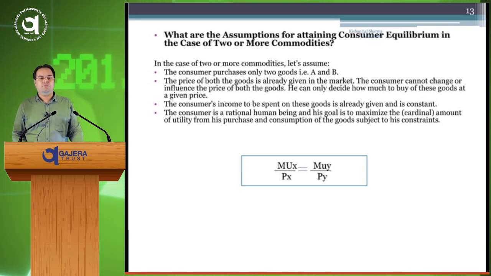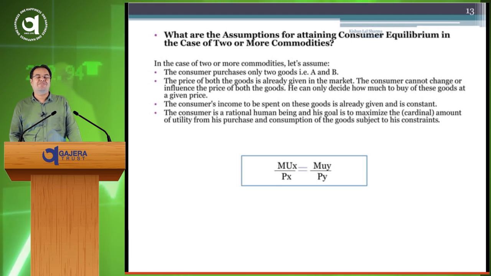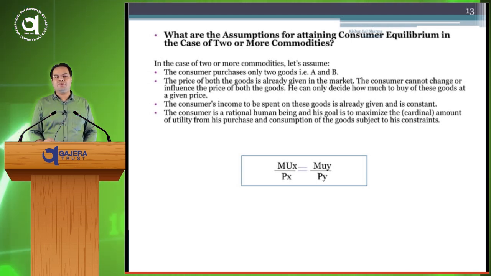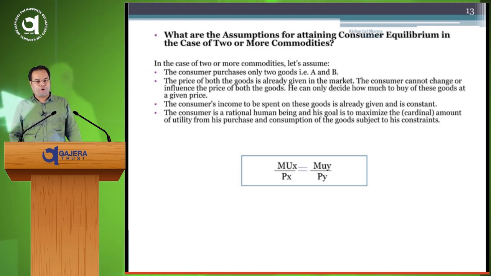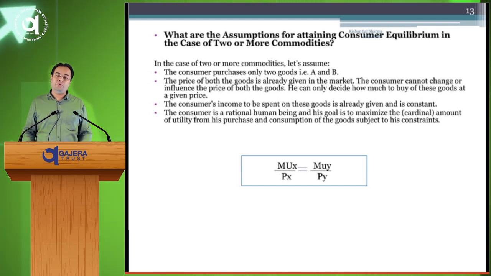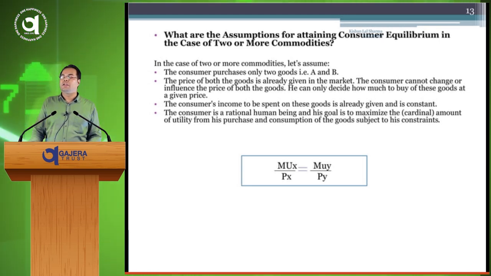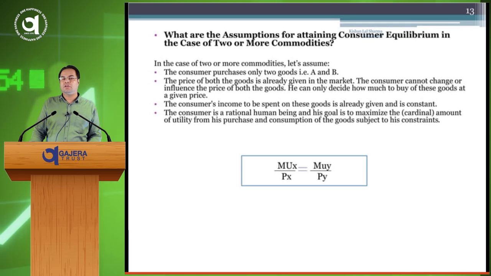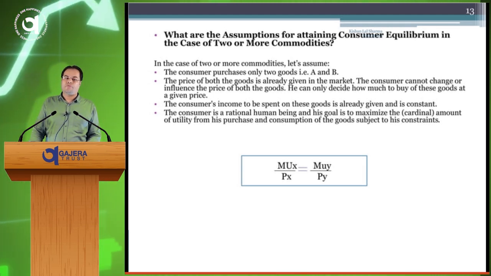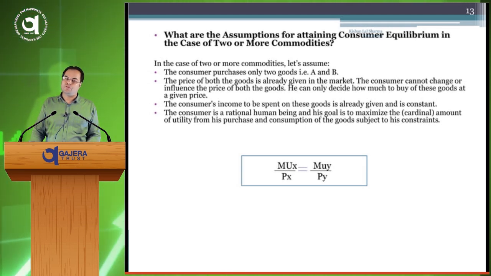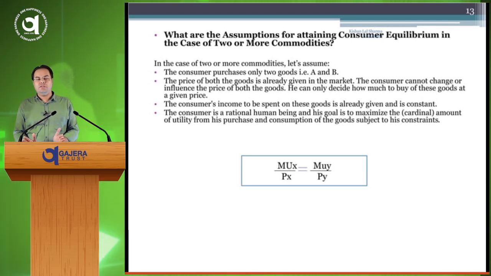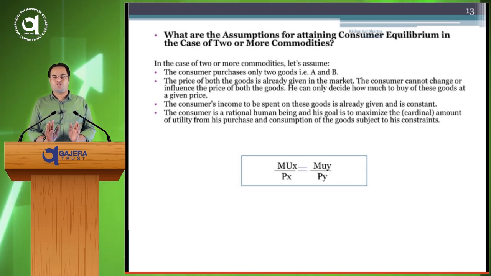The consumer's income to be spent on these goods is already given and constant, like you have a budget of 100 rupees or 500 rupees, and in that only 2 commodities should be bought. The consumer is a rational human being, as we have already discussed, and his goal will always be to maximize his cardinal utility from the purchase or consumption of the goods, subject to his constraint, that in this income or budget he has to buy this much commodity only.